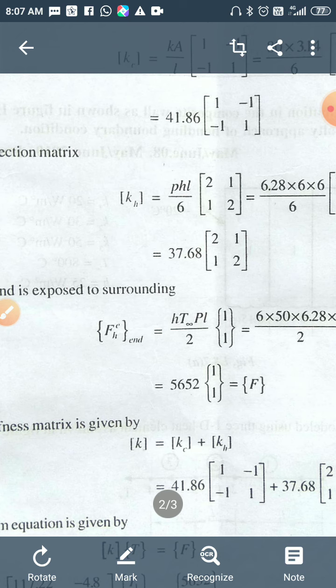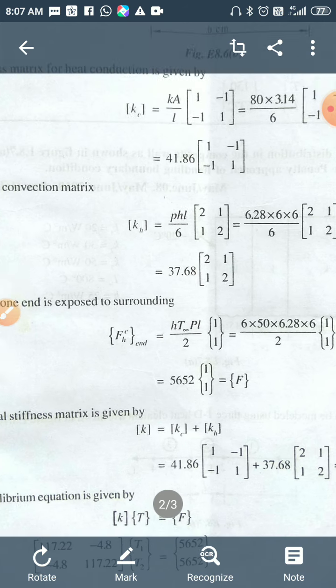The values are h T infinity P L divided by 2 into 1 1. This is the standard formula for finding the force vector. Just substitute the values of h, T infinity the surrounding temperature, perimeter and L, and you get the values 5652, 5652. This is the force vector.